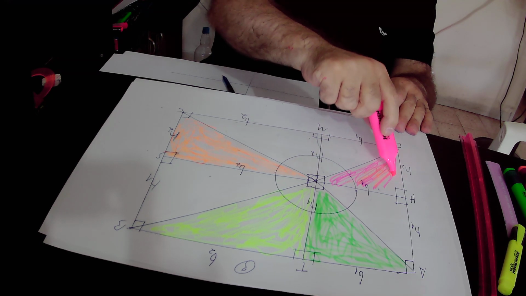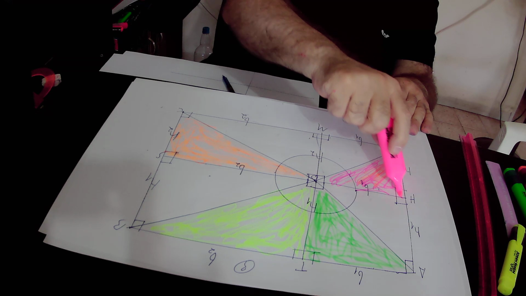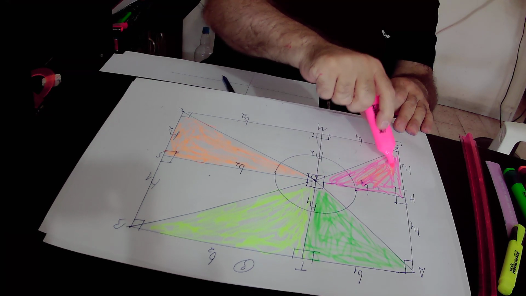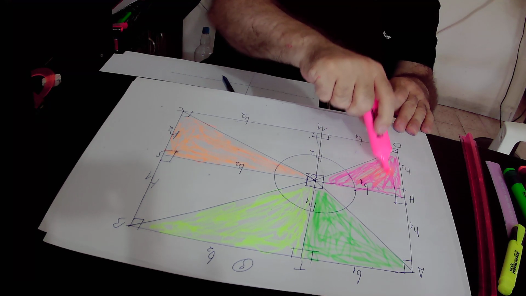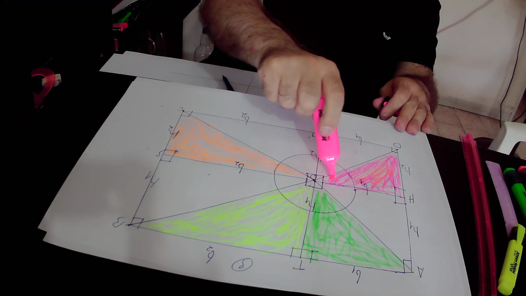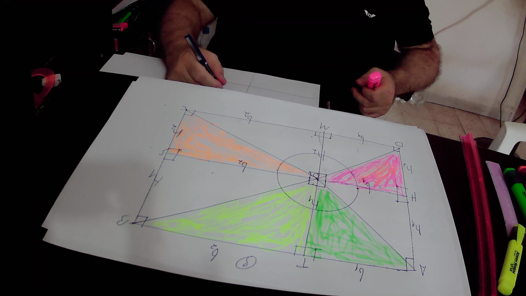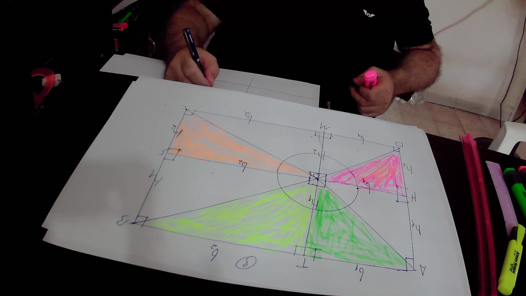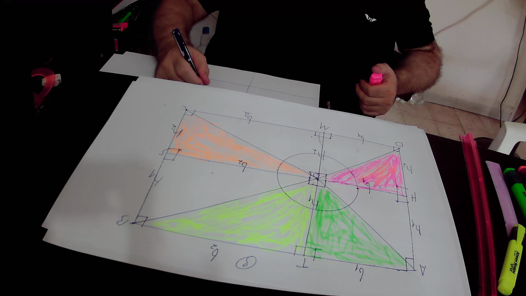According to the Pythagoras theorem, on the pink right triangle, triangle DHO, DO square equals edge 2 square plus B1 square.